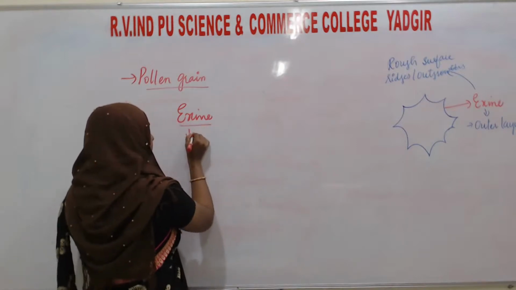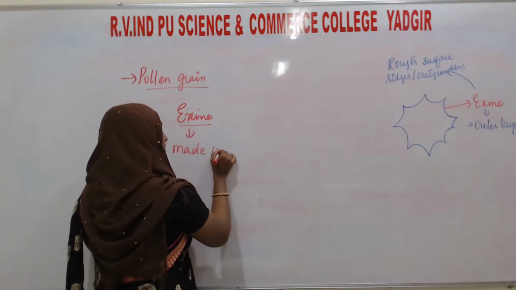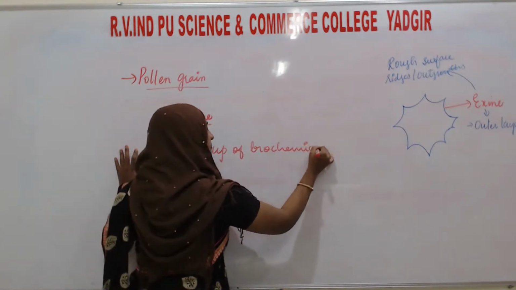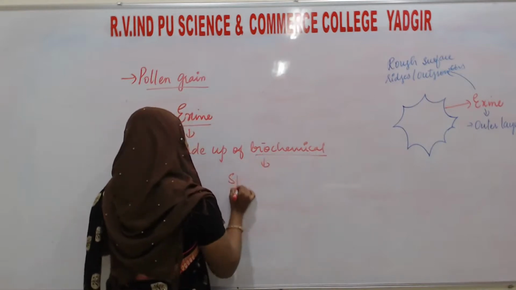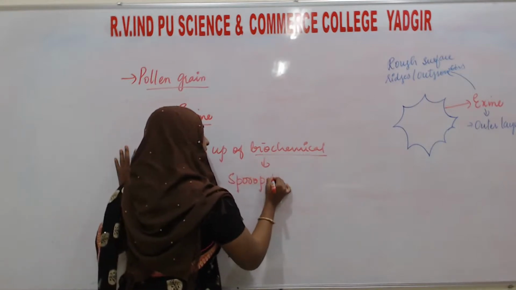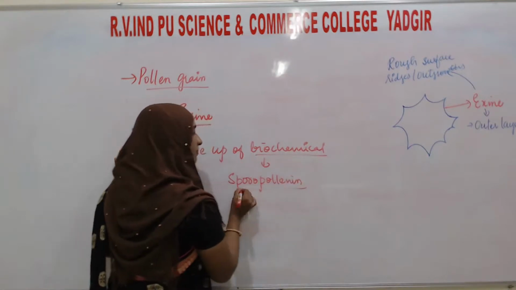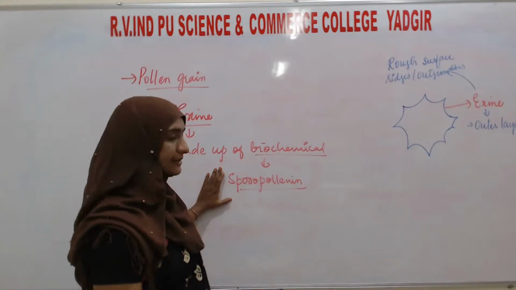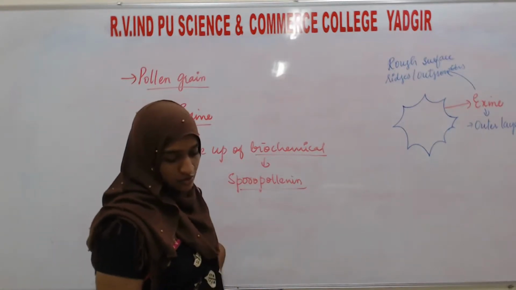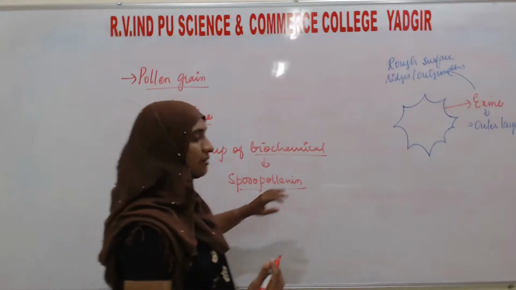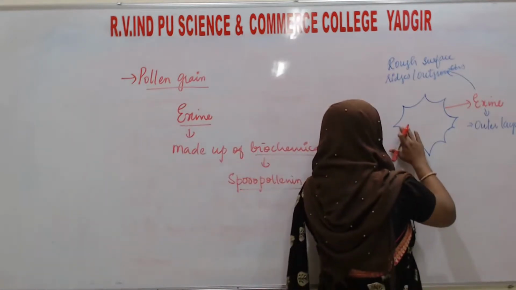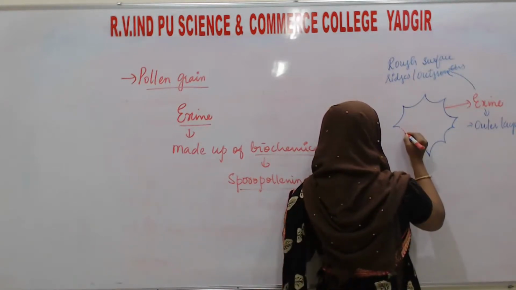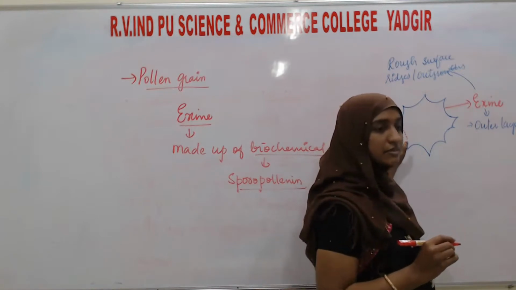The exine is made up of a biochemical substance known as sporopollenin. Also, at some regions there will be a thin formation of the exine layer, which I am representing with an imaginary line.